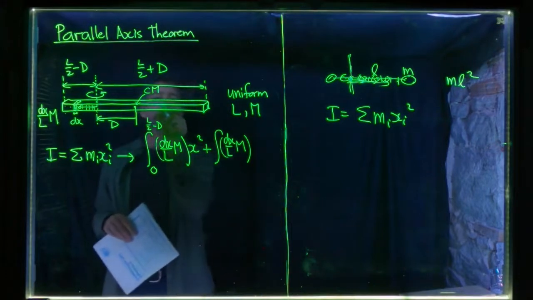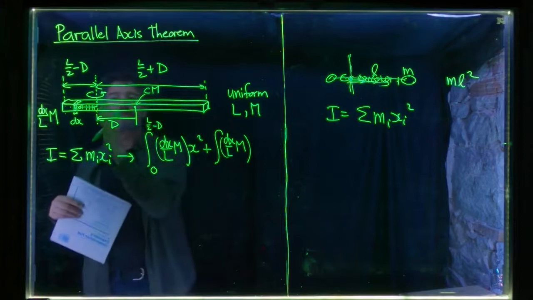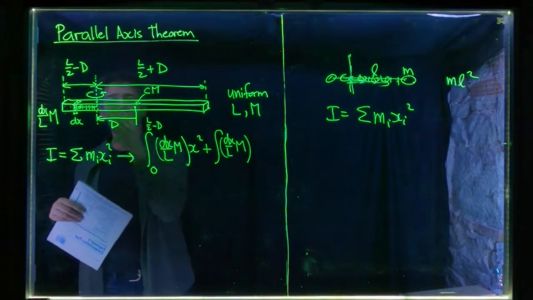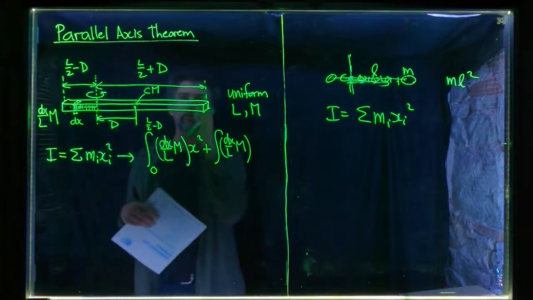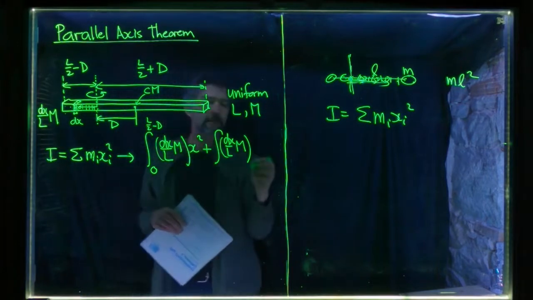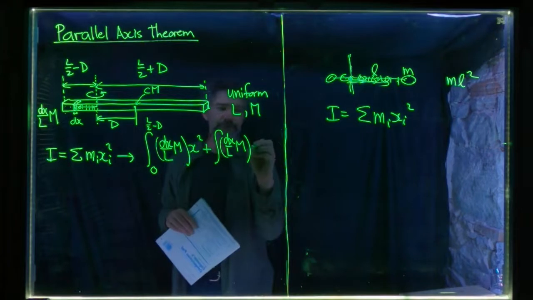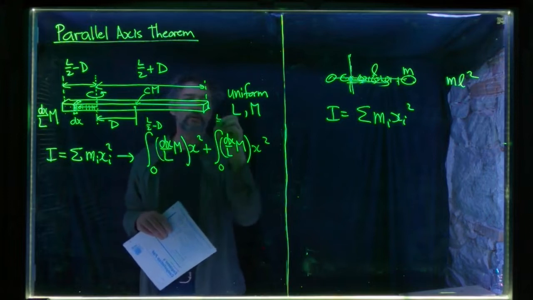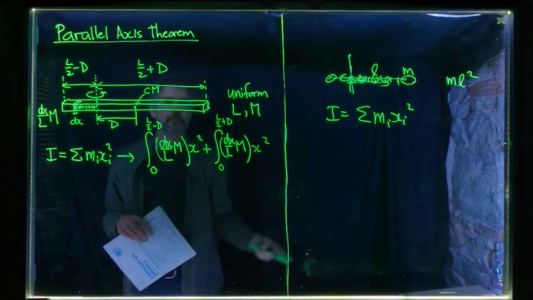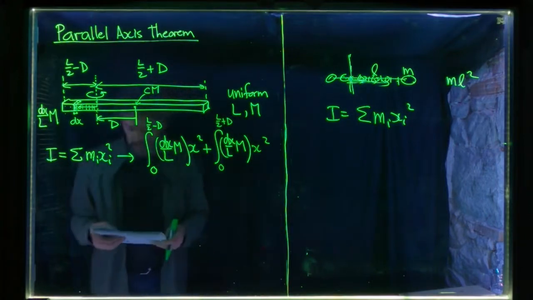And then times the perpendicular distance from the axis of rotation, which again we'll call the variable x. And x will range from 0 all the way out to L over 2 plus d. So times x squared, integrating x from 0 out to L over 2 plus d.